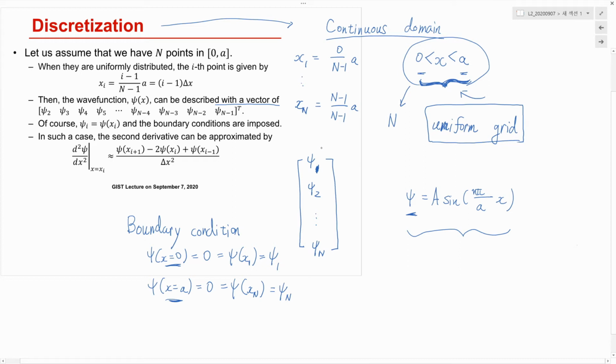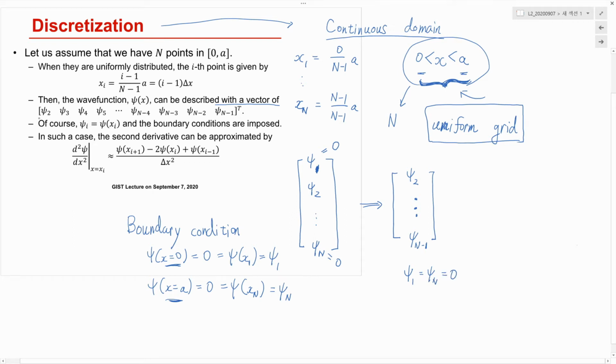We can find that the first entry and last entry of this solution vector are automatically 0 by applying the boundary condition. So instead of having this long expression, why don't we just have a more compact form starting from psi 2 to psi n minus 1, with the understanding that psi 1 and psi n are equal to 0.